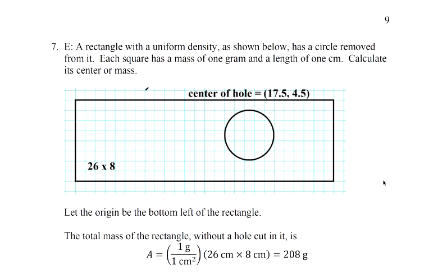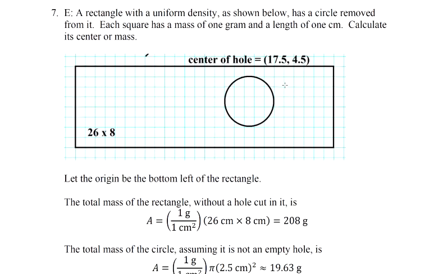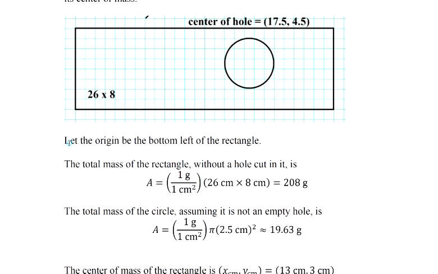Question 7. A rectangle with a uniform density as shown below has a circle removed from it. Each square has a mass of 1 gram and a length of 1 centimeter. Calculate its center of mass. So the center of the hole is 17.5 comma 4.5. Let the origin be the bottom left of the rectangle. So that's here on the bottom left. The total mass of the rectangle without a hole cut in it is this, 208 grams.